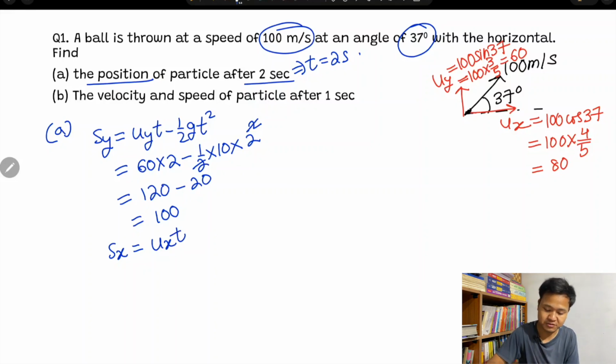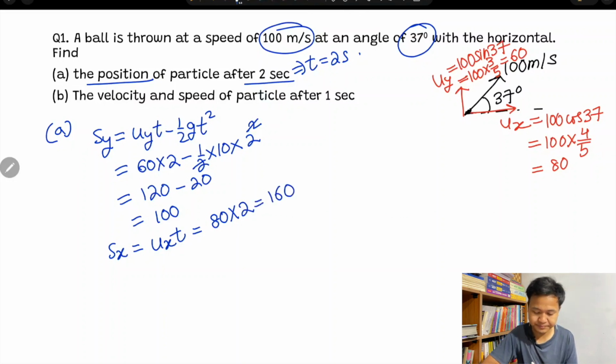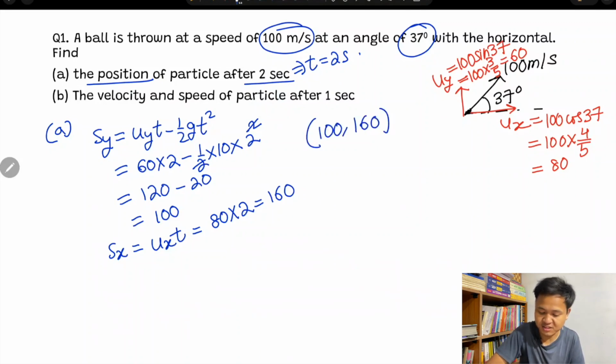So ux is 80 into time 2, so 8 twos are 160. So the position is (160, 100) in coordinates: y displacement is 100, x displacement is 160.